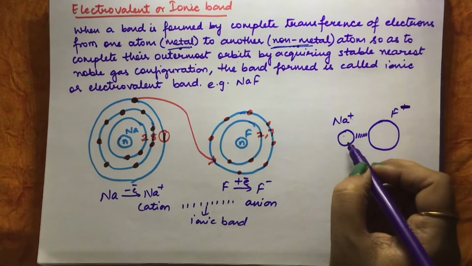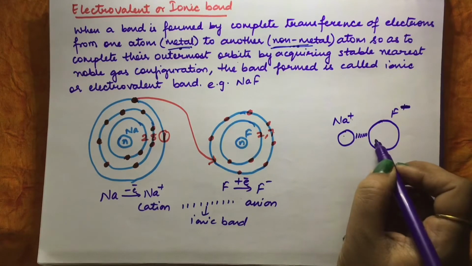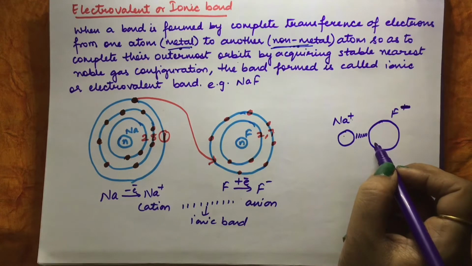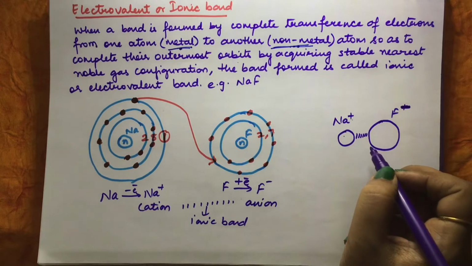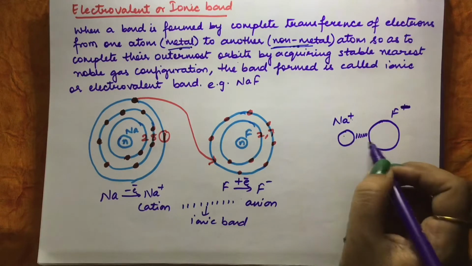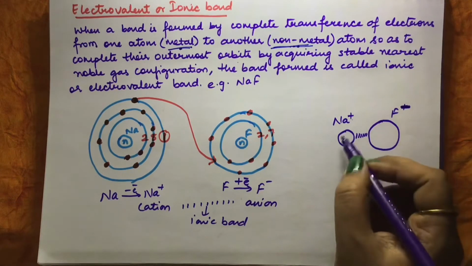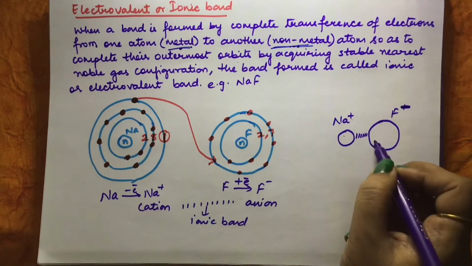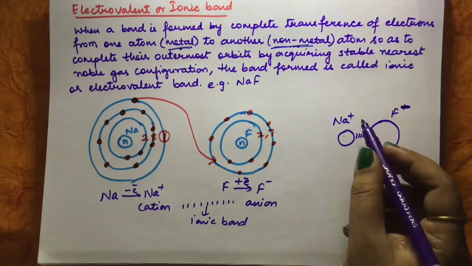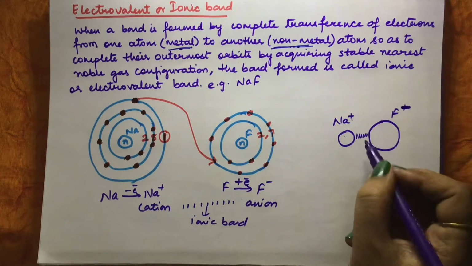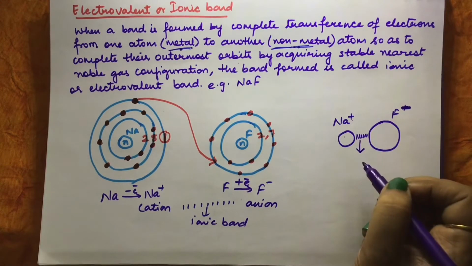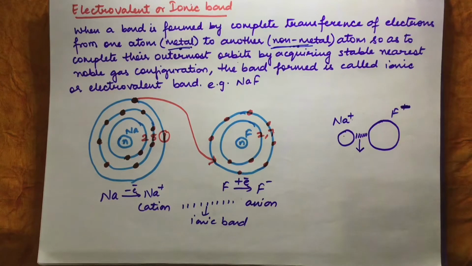You can also see that these electron clouds are not overlapping, whereas in the case of a covalent bond, the bond is formed by overlapping of orbitals. Here the electron clouds of Na plus and F minus are separate, they do not overlap, but a force of attraction exists between the positive and negative charge, and this electrostatic force of attraction is called an electrovalent or ionic bond.